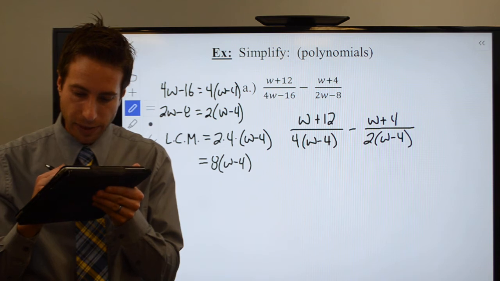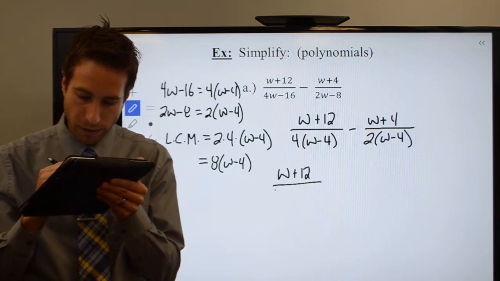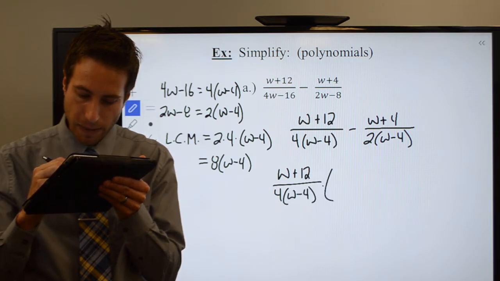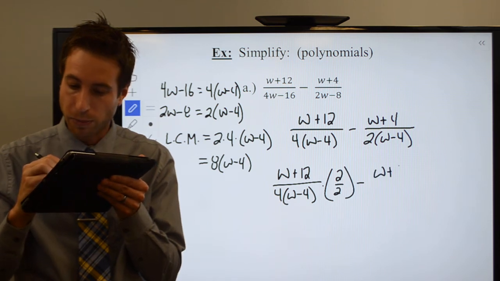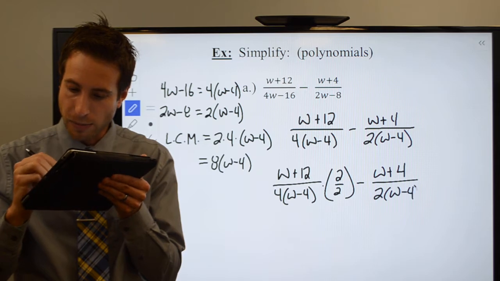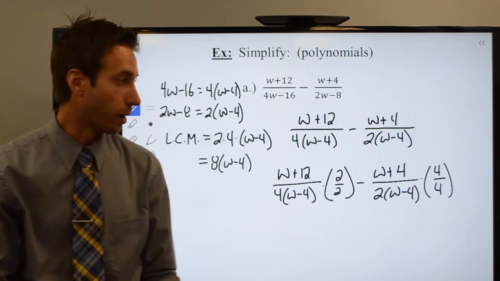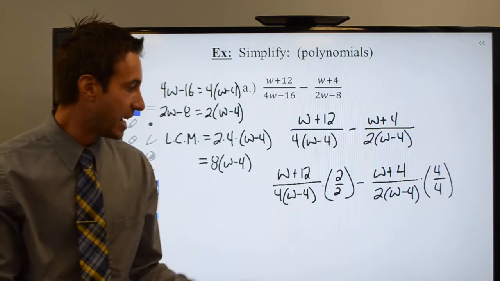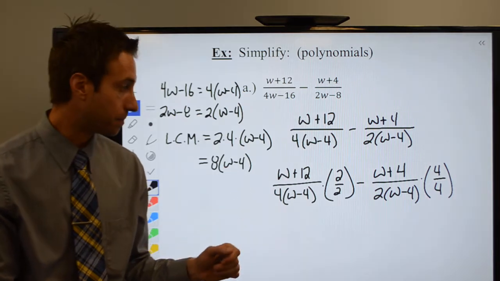So what I wind up with is w plus 12 over 4 times w minus 4, multiply top and bottom by 2 over 2, minus w plus 4 over 2 times w minus 4, top and bottom by 4. Okay, so what that's going to do is get me a common denominator that is my LCM.